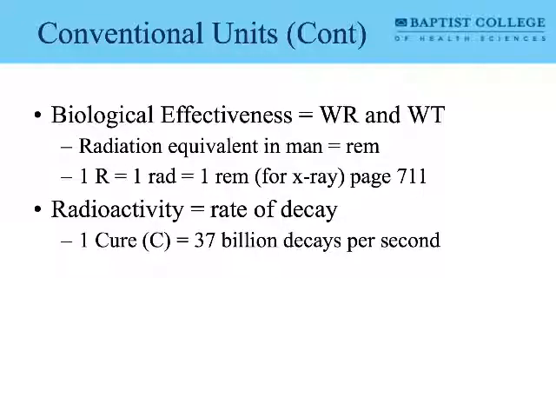Okay? But if we're talking about a whole body, how this has affected their whole body, then we're good with just that. Finally, conventionally, the unit for radioactivity is named after Marie and Pierre Curie, and it is 37 billion decays per second. That's a big number, right? But it is telling you the rate of decay.